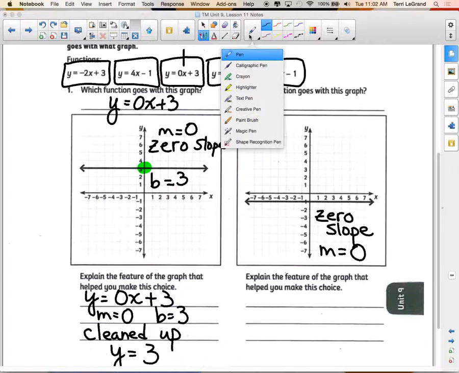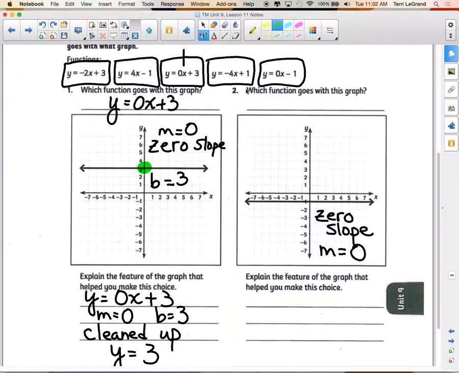Where is it crossing the y-axis? That's the next question. It's crossing at -1 right there. So b equals -1. Well, that should be enough information now to figure out which equation it would be. So maybe the thing to do is do this.